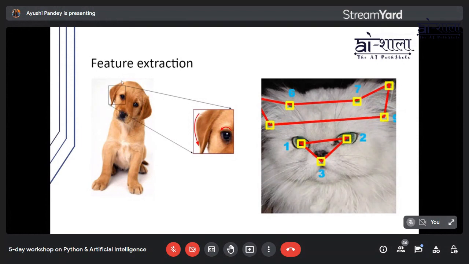You can see most dogs have downward ears, this type of eyes, and the snout is bigger, the nose is bigger compared to cats. Cats have a smaller nose, a different type of eyes, and ears are always upwards. So these are the features which can be extracted from images, and then the classification by the machine learning model can be done.